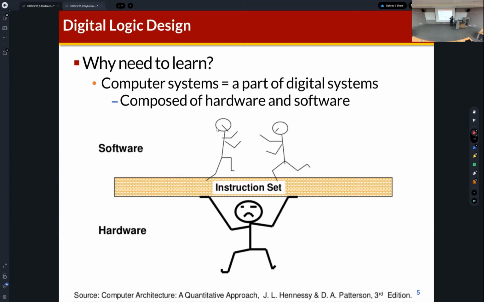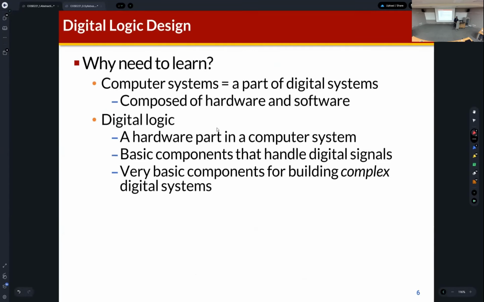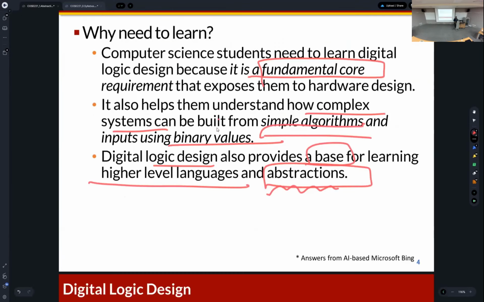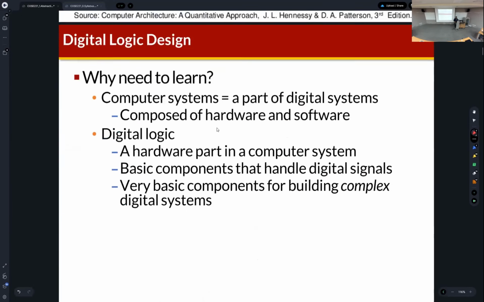That's why you need to learn about the hardware aspect of computer systems. Actually, I made this slide and included it from Microsoft Bing. It's very similar, right?